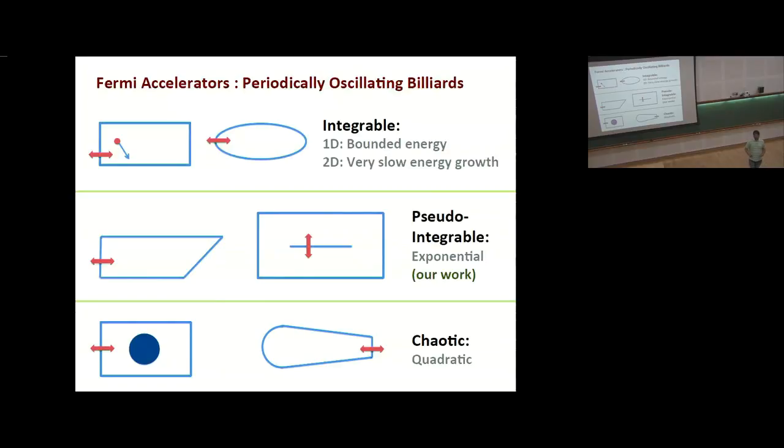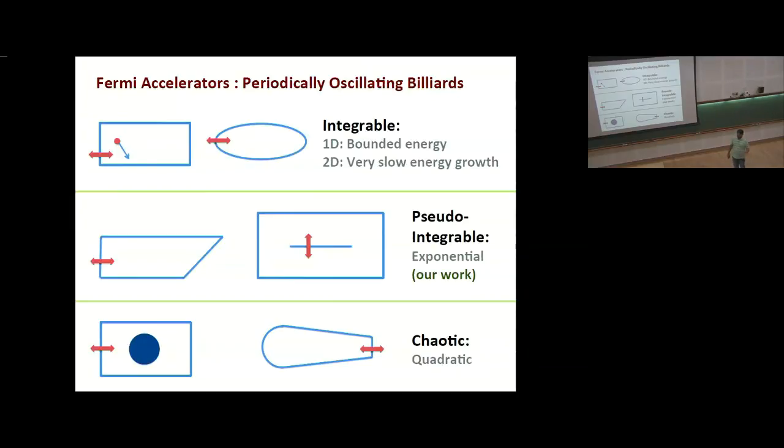But actually, chaotic systems have very good averages, so the exponential growth rate also averages out to 0. What you have is just a quadratic growth because of noise correlations. But in a pseudo-integrable system, there are no such good averages, because of which the rate of exponential growth is actually positive.